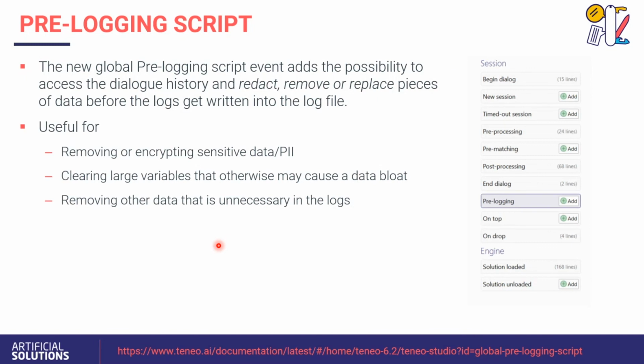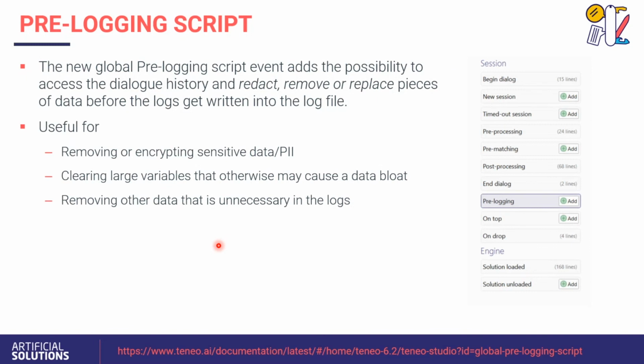This is extremely useful for cases where you're working with PII and you cannot store that PII in your logs, or maybe you simply want to anonymize or encrypt it, etc. That's where you can do it. It's really native inside the platform now.